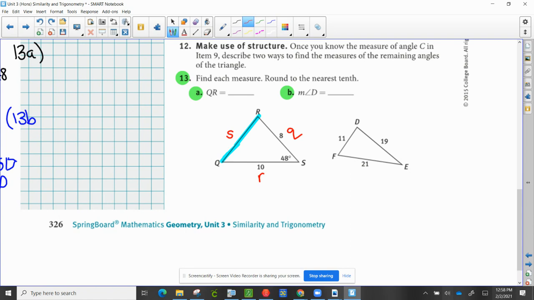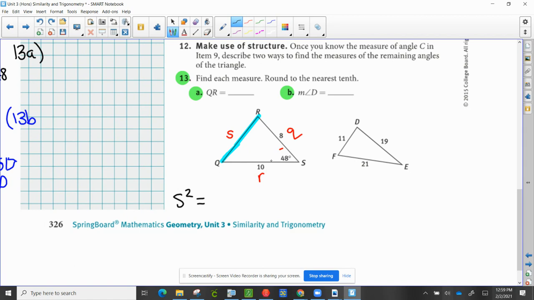If you're trying to find this side length, little s, you're going to have to use the cosine of big S. I know it's not A, B, and C, but try to use the functions that you know to set up a law of cosines. I'll help you with this one. We're finding s, so that'd be s squared.